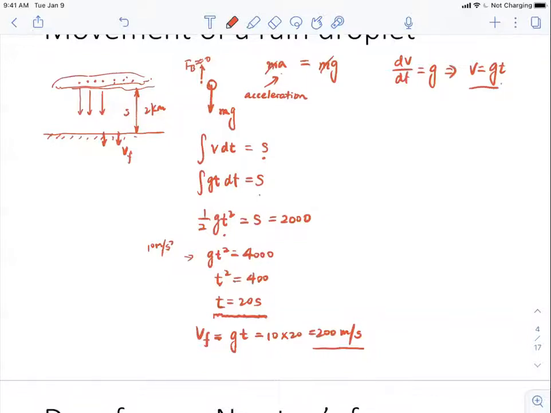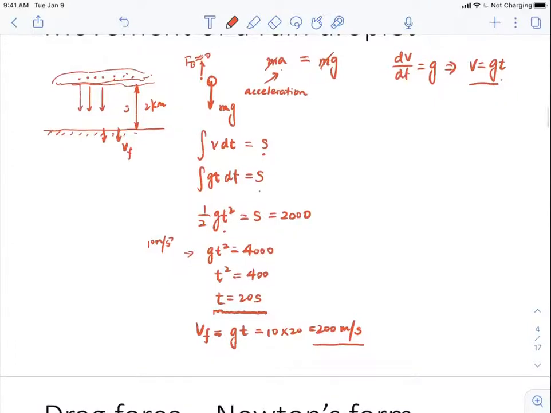So it turns out that for the bullets typically used in guns, their velocity is larger than 180 meters per second. There can be faster bullets, there can be slower bullets, but you see that if there's no drag force, it's going to be like raining bullets outside. It's going to cause a lot of damage.